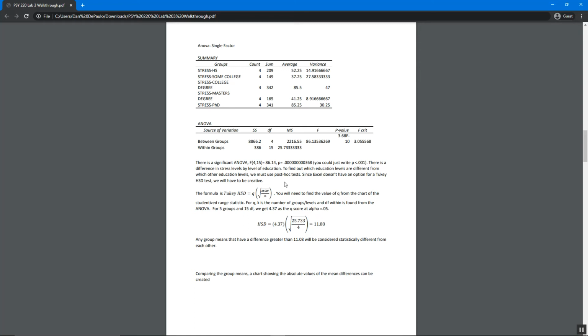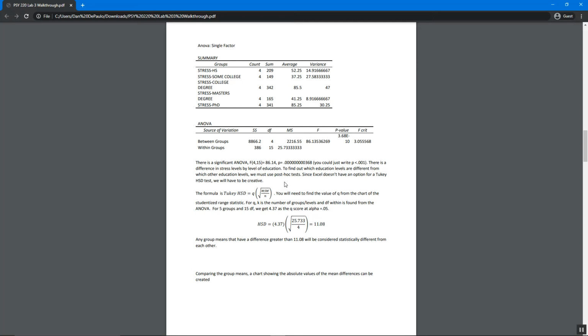In Excel, there's no option for doing the post hoc tests at all. None of them. This is another limitation of Excel, that some basic things like this you can't run. So you have to kind of do it by hand. And what I mean by hand doesn't mean take out a scrap of paper. I mean, you do it in the spreadsheet, and then you have to make a chart to compare it.